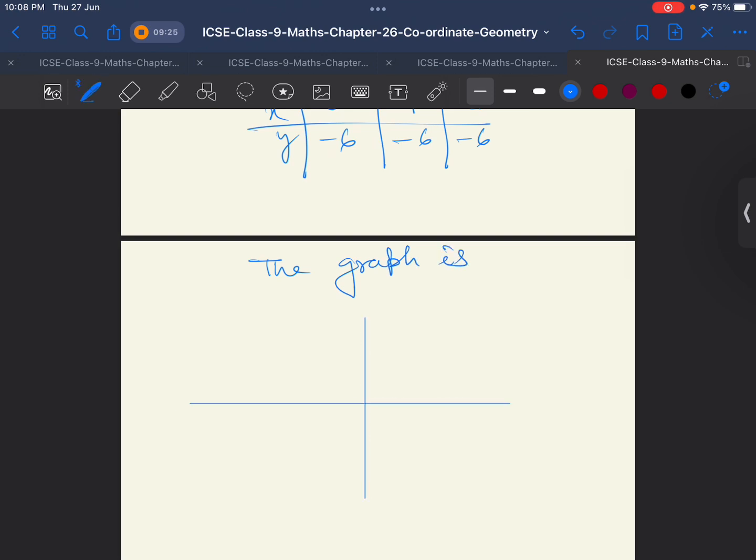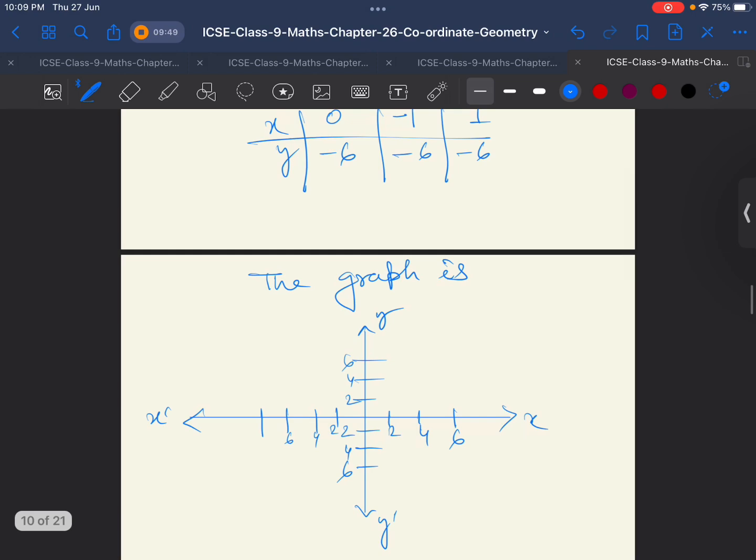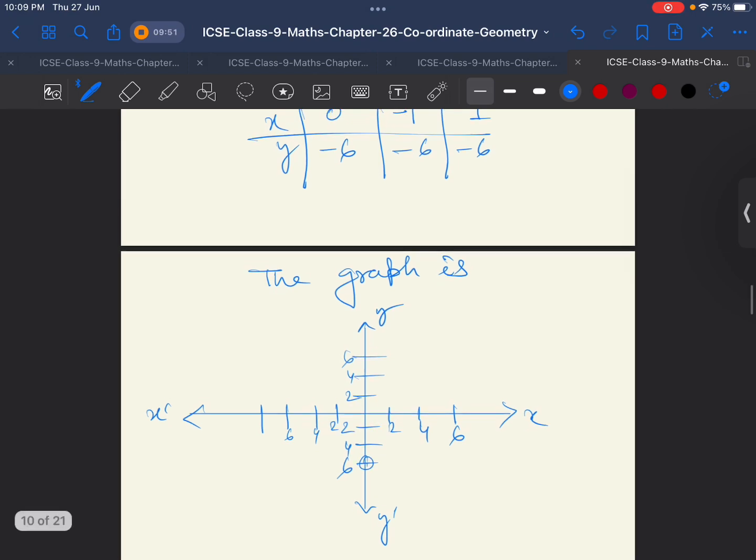Now draw the x-axis, y-axis, x dashed, y dashed. 2 4 6 here, 2 4 6, 2 4 6. First (0, -6) is here, (-1, -6) is here.